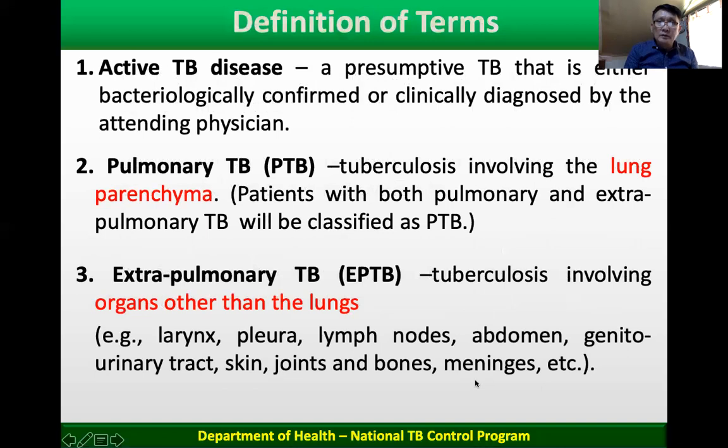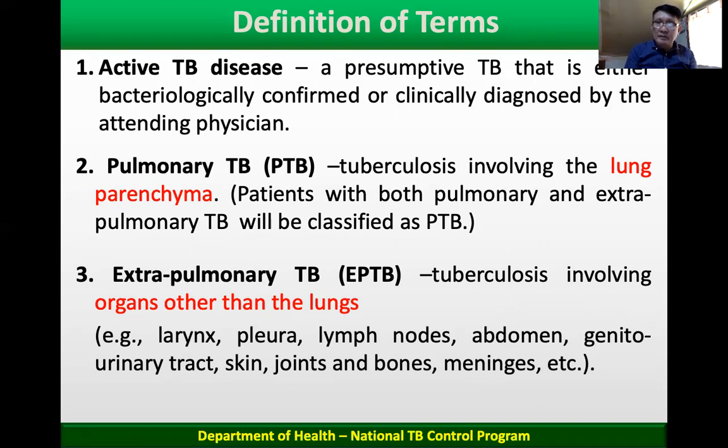Moving on, we have some definition of terms. As always, when we have our revision of the Manual of Procedures for NTP, there are definitions of terms which we need to fully understand. So number 1 definition is, what is an active TB disease?